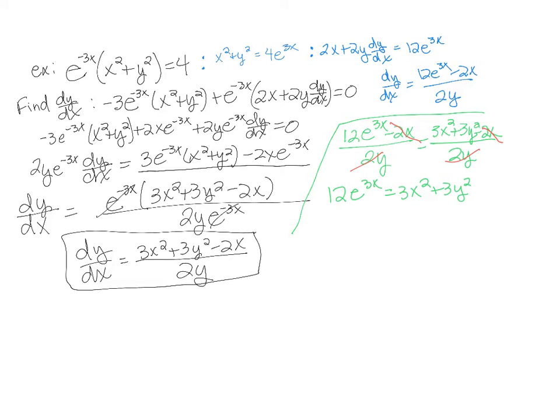Is that true? Well, let's factor out a 3. We're left with 4 e to the 3x equals x squared plus y squared, which is what we started with right here. So you see those answers are actually equivalent.